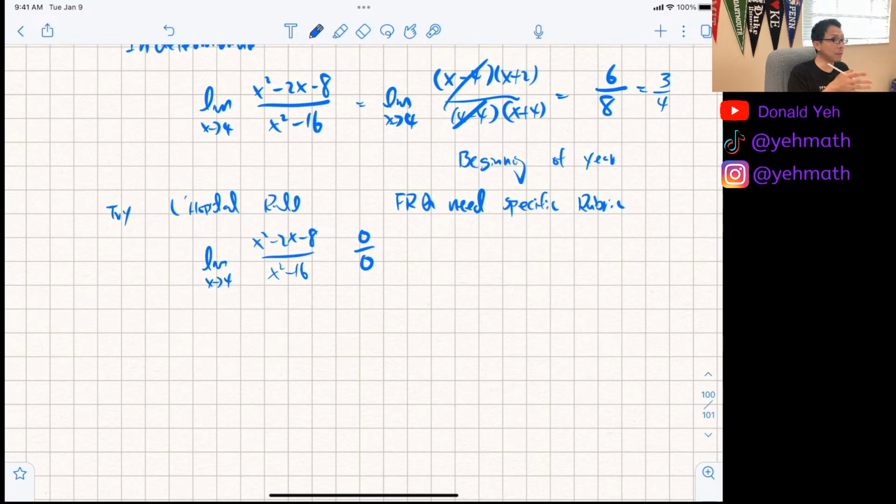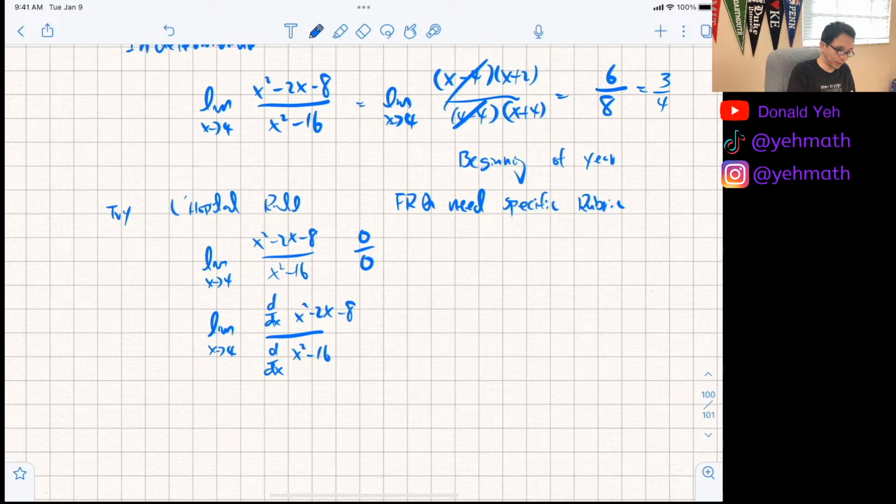We can take a derivative of the top. So limit as x approaches c. Usually I don't have to do this, but I'll show you what happened so you don't get confused. What is the derivative of x squared minus 2x? 2x minus 2 over 2x, right?